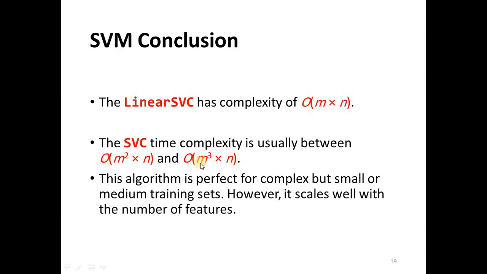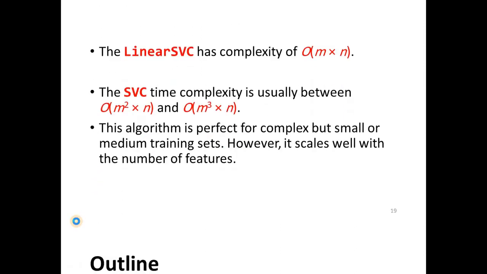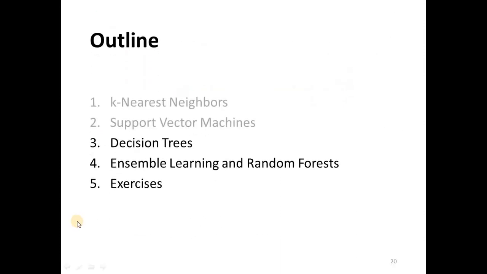So it takes a lot of time if you have many instances. So in conclusion, the algorithm is perfect for complex problems, meaning many features, but small or medium training sets. However, it scales well with the number of features. This is the end of this recording.